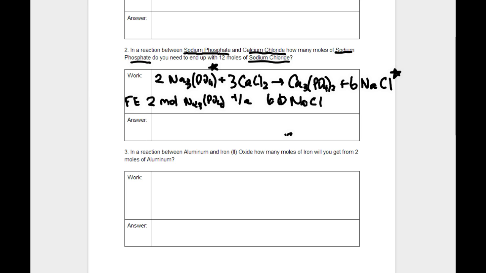So if that's the case, the question is asking how many moles of sodium phosphate do you need to end up with 12 moles of sodium chloride. So it's telling us this should be 12, which means that we're multiplying by 2. So we need to do that here, which means that we would need 4 moles of Na3PO4. And this should be the answer.